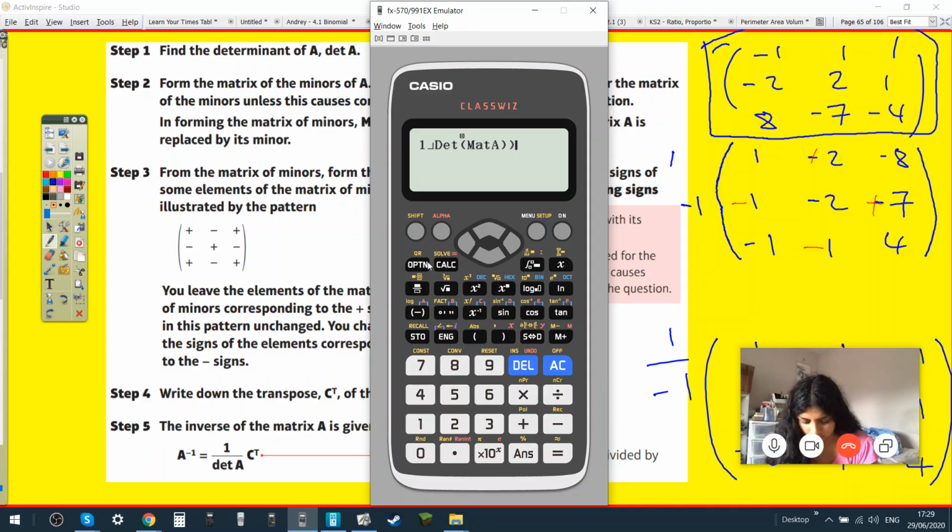I'm going to put a bracket around the whole thing just in case, because I'm scared. Times by the transpose of A. So option, the transposition, option, matrix A. I think this is transpose.